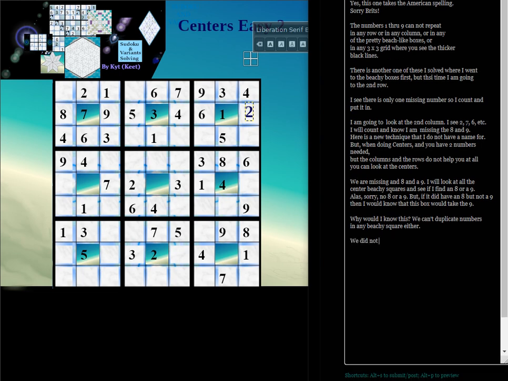But we did not find an 8 or a 9, so I will look at this 3 by 3 grid in the middle here on the left side.